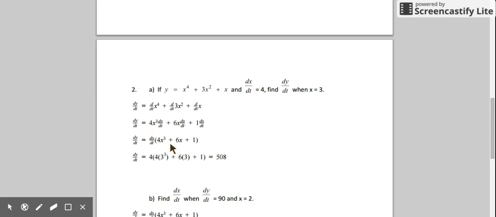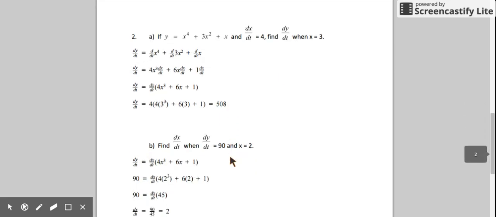And that leaves behind 4x cubed plus 6x plus 1. Now I can substitute my information in pretty easily. dx dt is 4, so I'm going to substitute that in right there. And my x value is 3, so I can substitute that in for x. And we can simplify and find out what the change in y with respect to time is given this precondition here. And we could find our solution is 508.